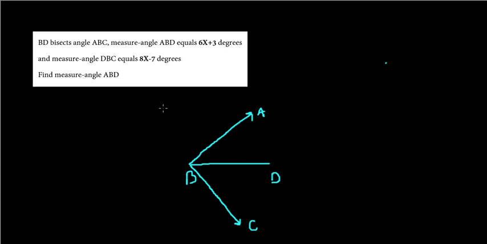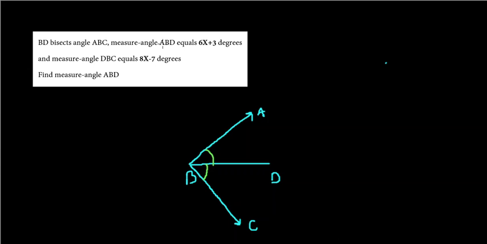So what bisect means is that this angle here is also equal to this angle. Here, let me make this a little bit shorter so you can tell that they are the same color. So this angle ABD is equal to angle DBC, or you could even say CBD. So that's what that means.